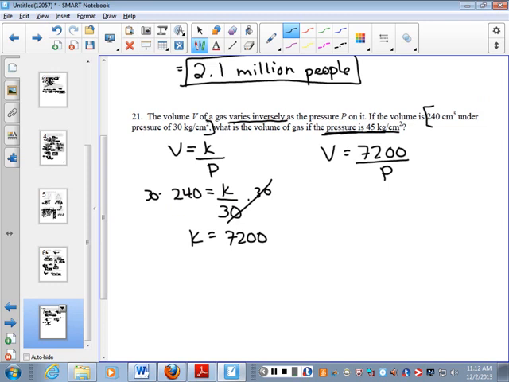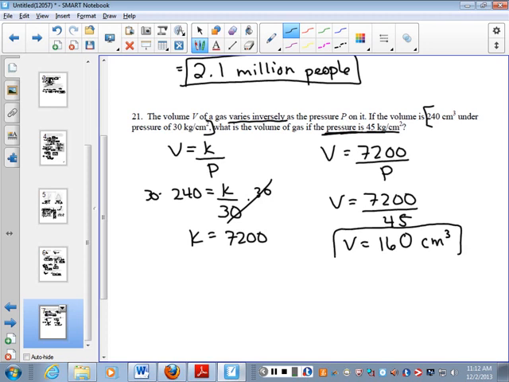Make sure you read that carefully to know which variable to substitute in for. Here we have a pressure, so it's going in for P. So we want to divide 7,200 by 45, and the volume is 160, and our volume had units, centimeters cubed. Not as worried about the units here, but the volume is 160.